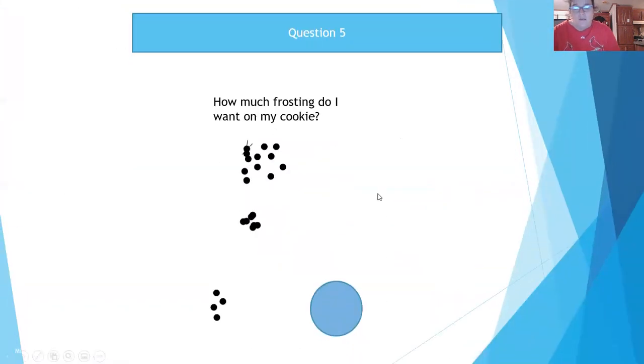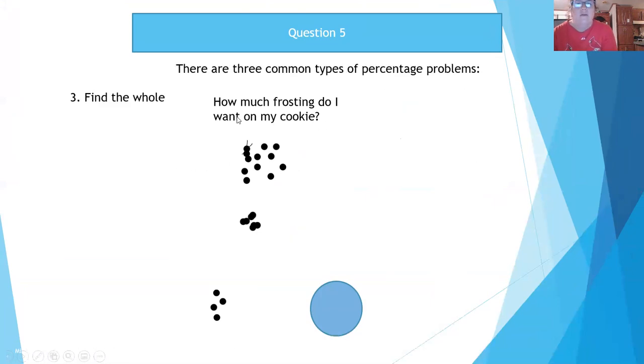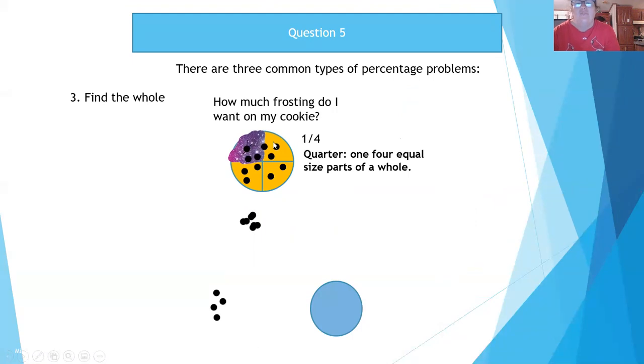Okay, here is number 3, and this is find the whole. It says, how much frosting do I want on my cookie? I like cookies, guys. This cool stuff right here, that's icing. If you have a cookie divided into 4 parts and you only cover 1 part of it in frosting, that's 1/4.